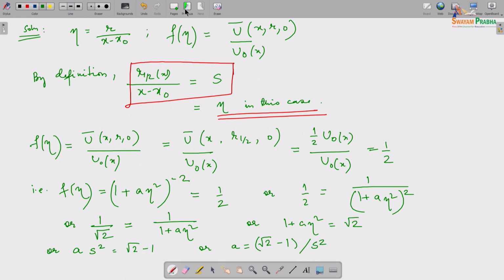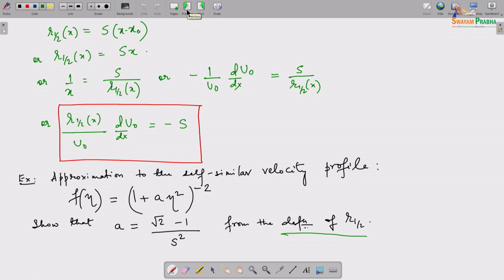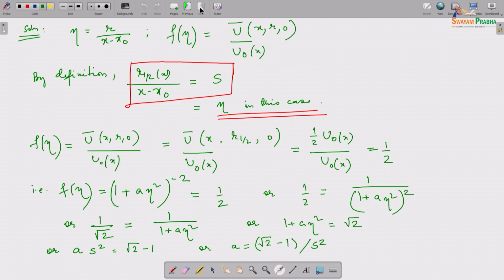So this is what we had to show. A is equal to root 2 minus 1 by s square, which is what I did right here. That is simple, right.